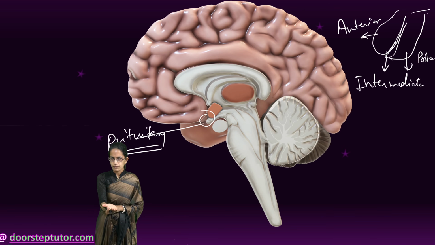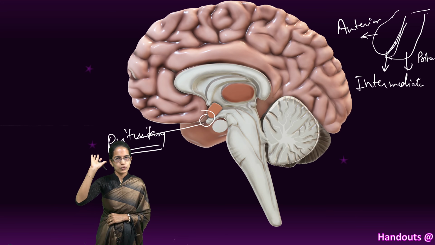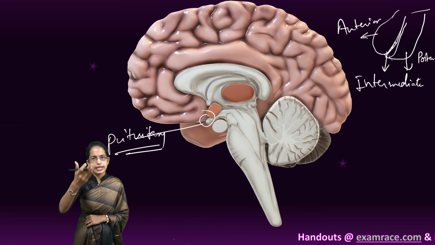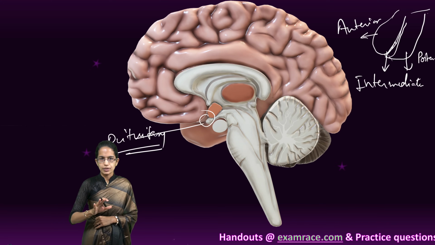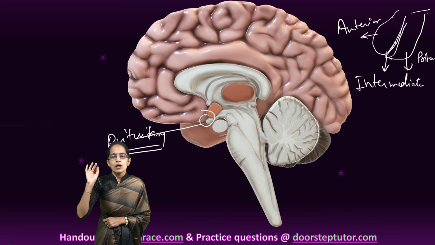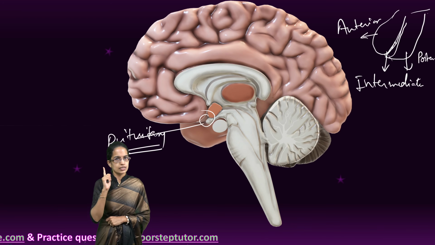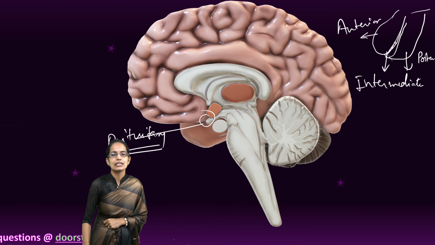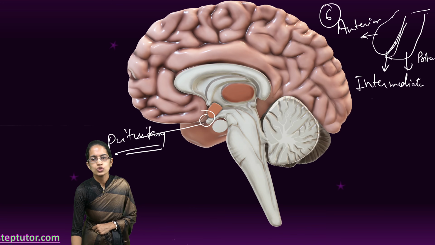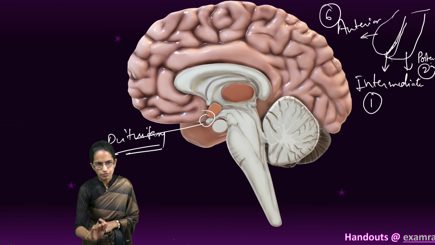Anterior is in the front, posterior is in the back, and intermediate is between the two. So three lobes, anterior, posterior and intermediate. All of these three release major hormones. Posterior releases two major hormones, intermediate releases one major hormone, anterior releases six major hormones. So six for anterior, one for intermediate and two for posterior, that we will understand.